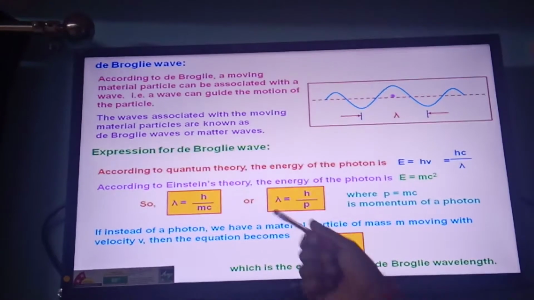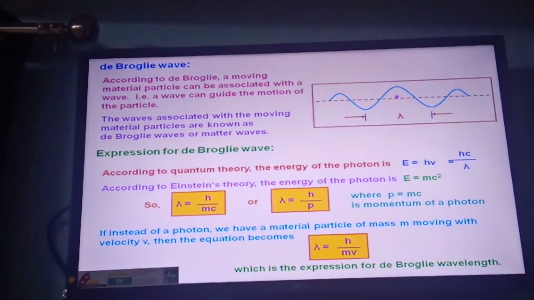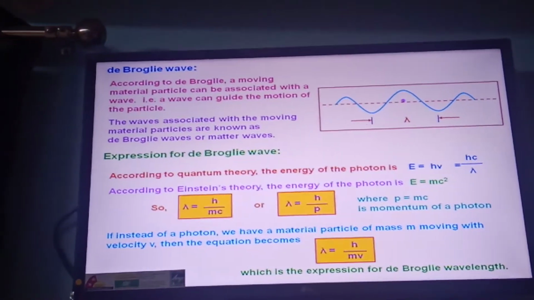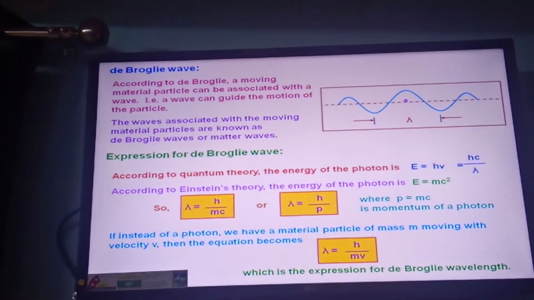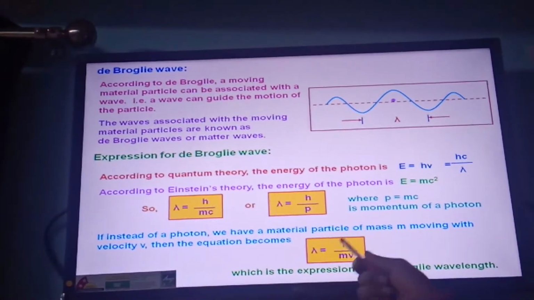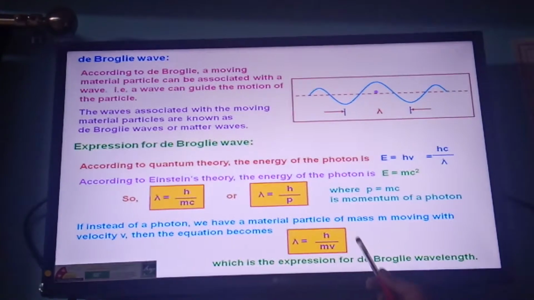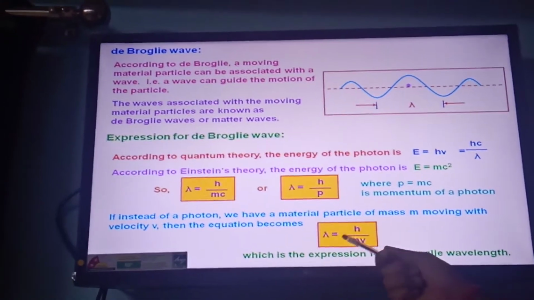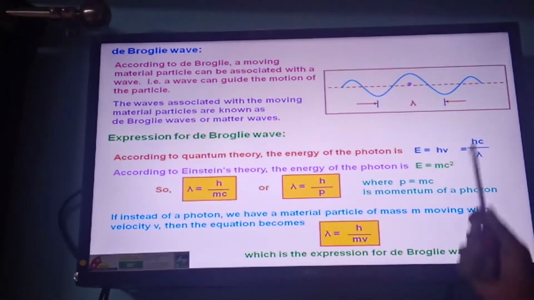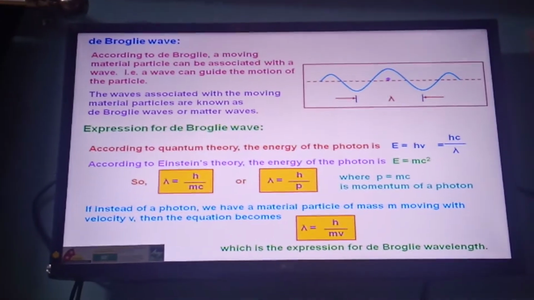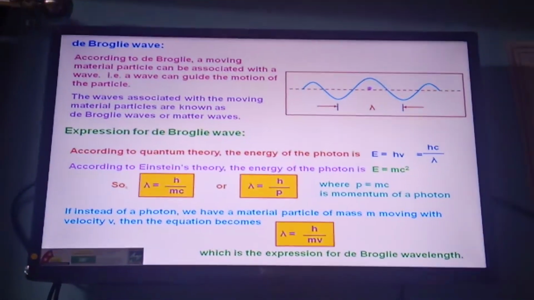In case of the photon, this will be m into c, because a photon always travels with the speed of light. Now lambda equals h upon mv, or we can also write lambda equals h upon p, where p is the momentum of any material particle. This is the expression for de Broglie wavelength for any material particle.